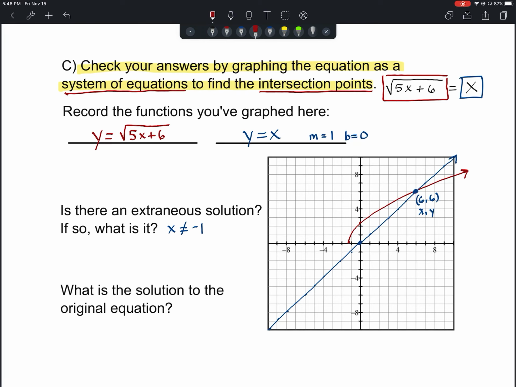Okay, so what is it? So let's actually jot that down. I haven't jotted that down before, but extraneous solutions, right? So we can see if there are some by graphing.